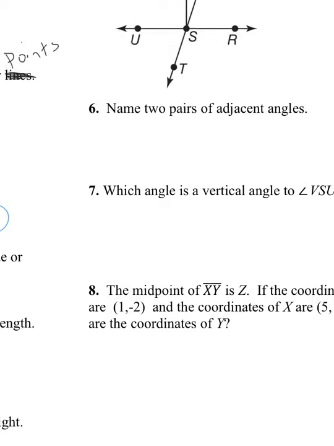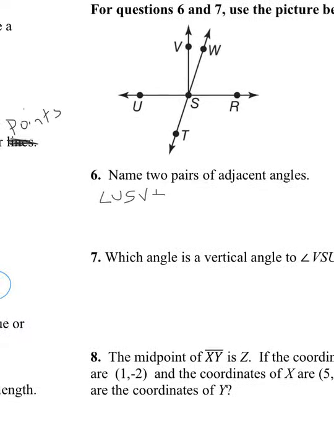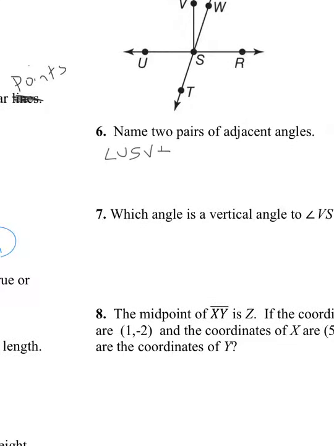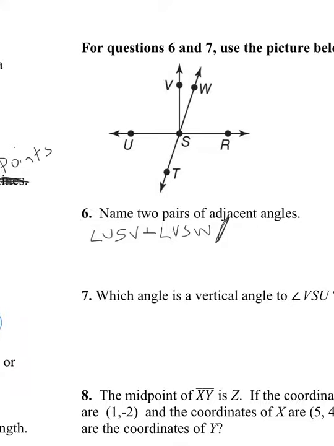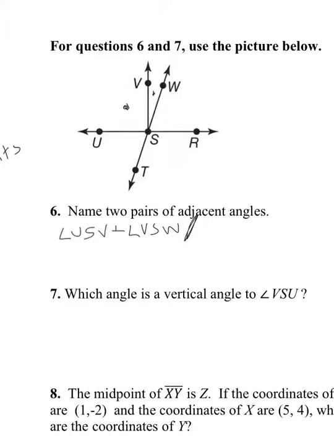So we have, we'll start with angle USV, and that is adjacent with VSW. Okay, and those are the two here, here, and here. But then, if you want to look at another pair, I'll use another color here, we can take this one again and go with that one.